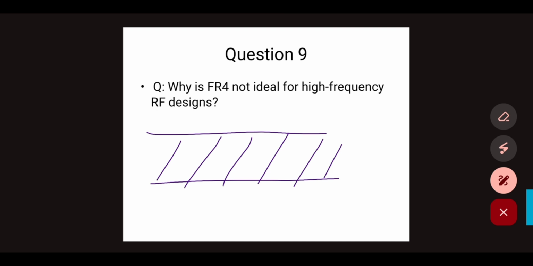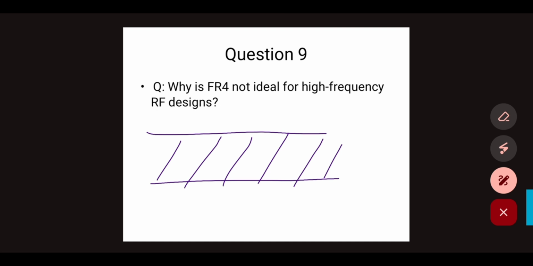But not every two-layer PCB is made up of FR4. There are different types of dielectric material also present, for example, Rogers.